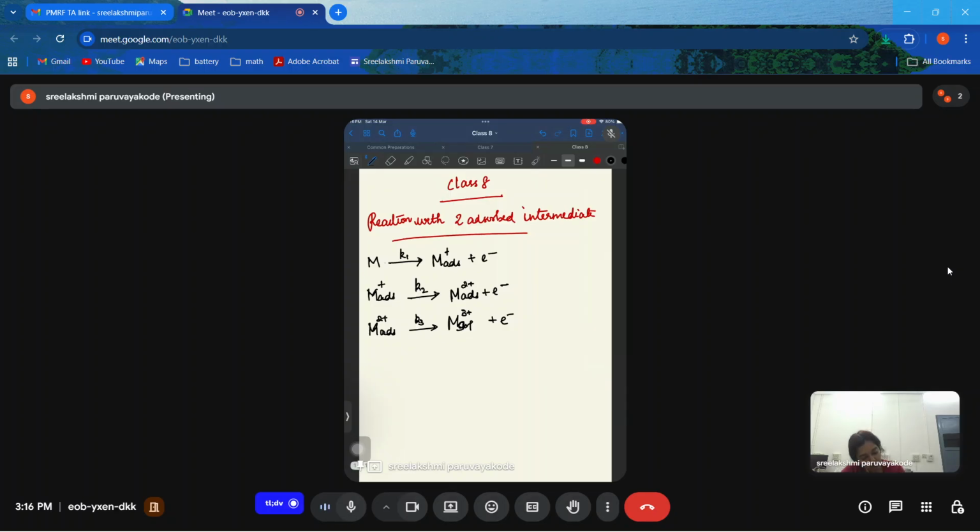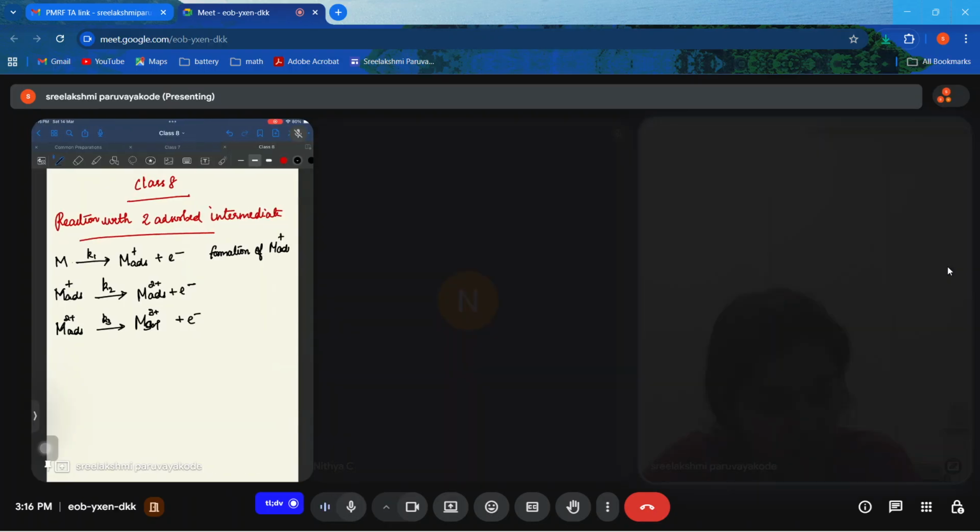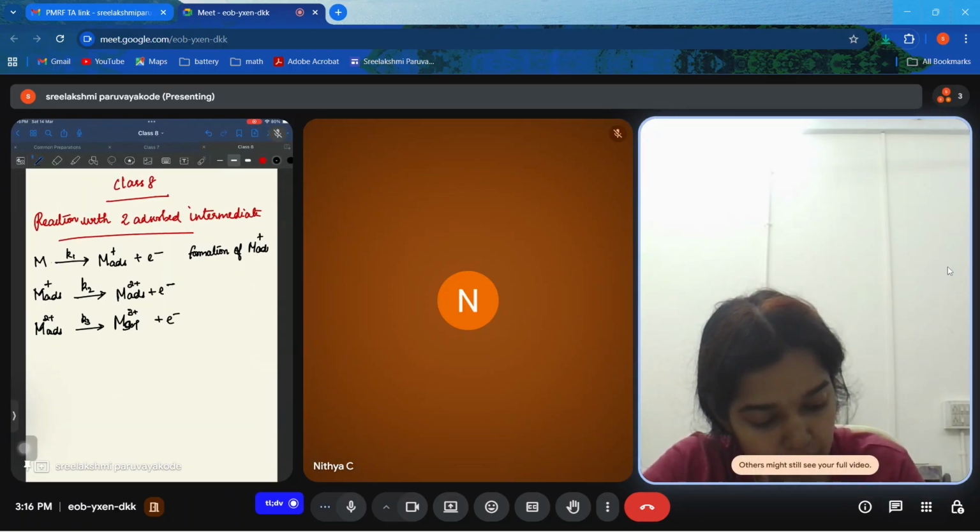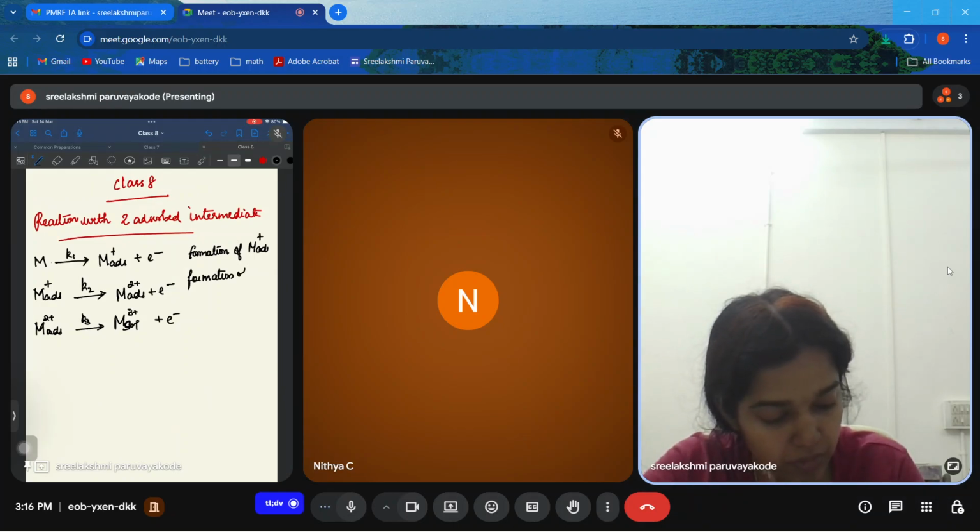So if you see, in the first step, formation of M adsorbed plus; in the second step, the formation of M adsorbed 2 plus and consumption of M adsorbed plus.